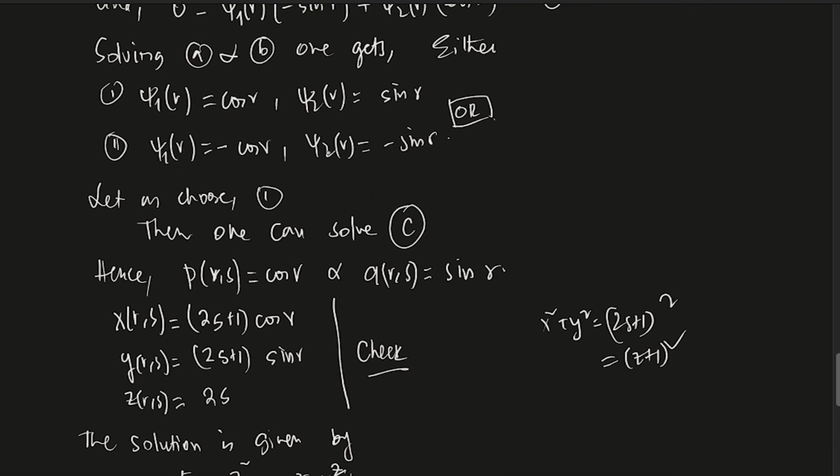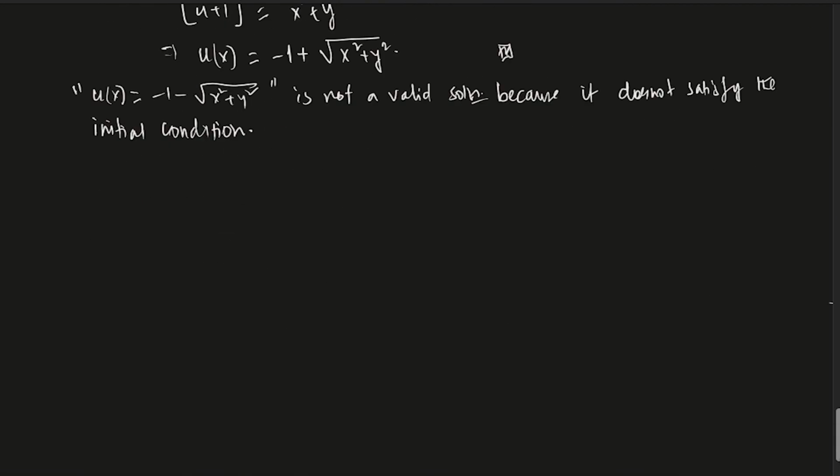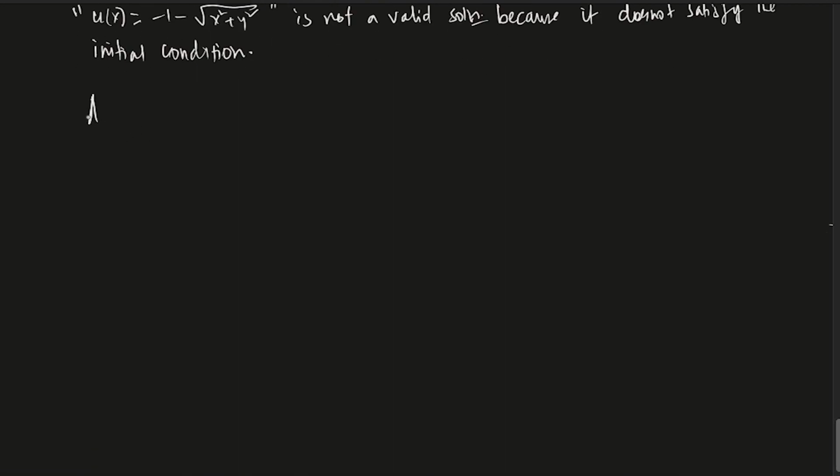If you remember, we just chose the first psi 1 and psi 2. Again, choosing psi 1 of r to be minus cosine r and psi 2 of r to be minus sine r, you can do the exact same thing.